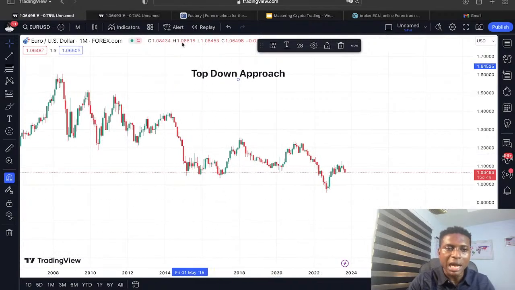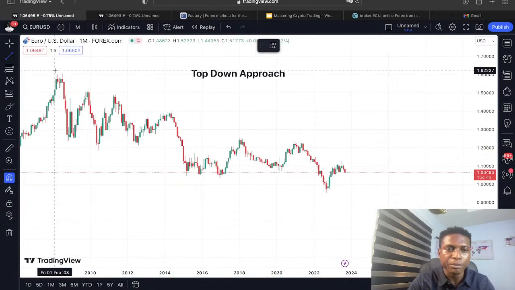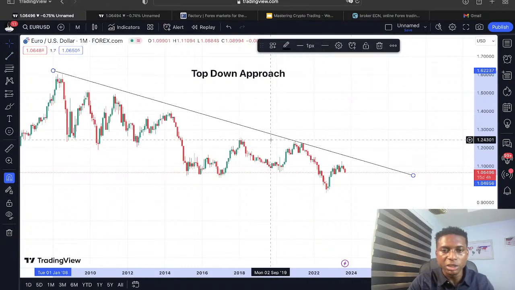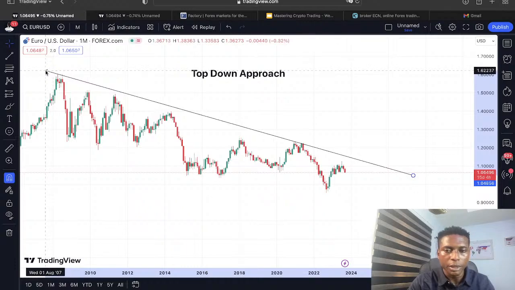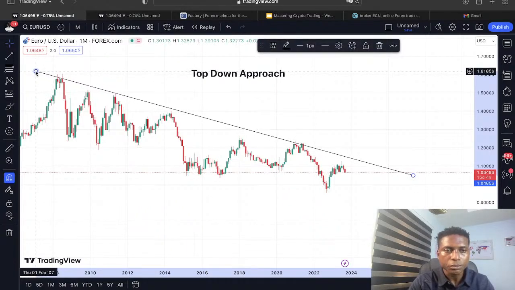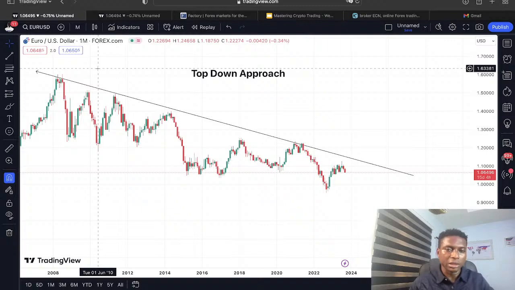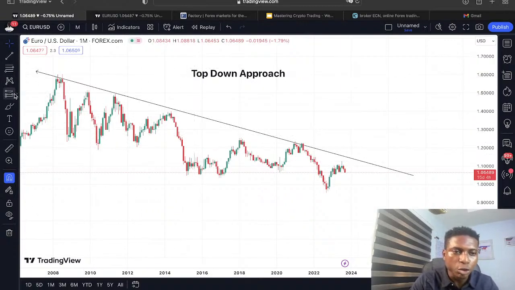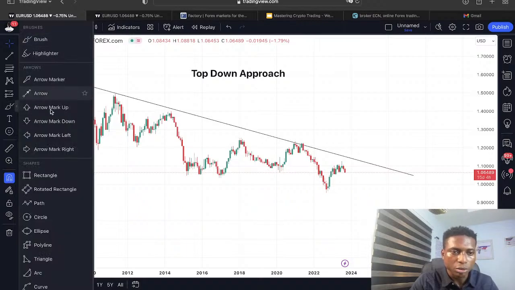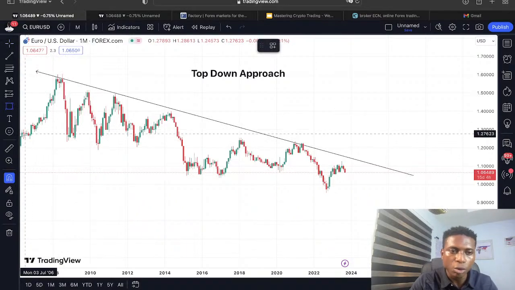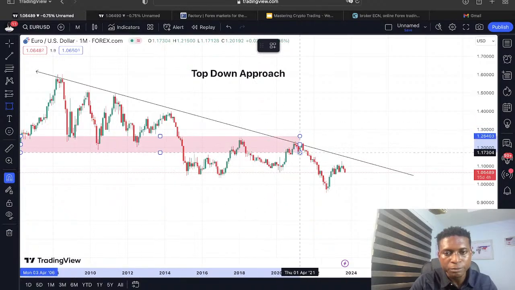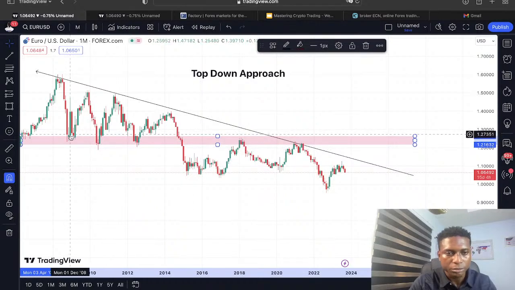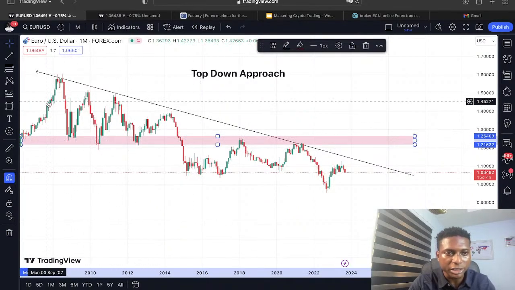So currently on the higher time frame, which is the monthly time frame, we know that Euro USD is generally on a downtrend, and of course we can see that there are several levels for us to observe, like resistance and support levels, or support turned resistance levels. Like this level here now is a support turned resistance level.